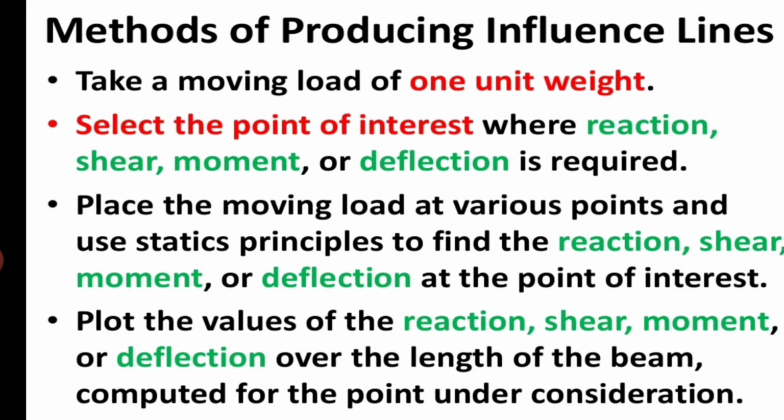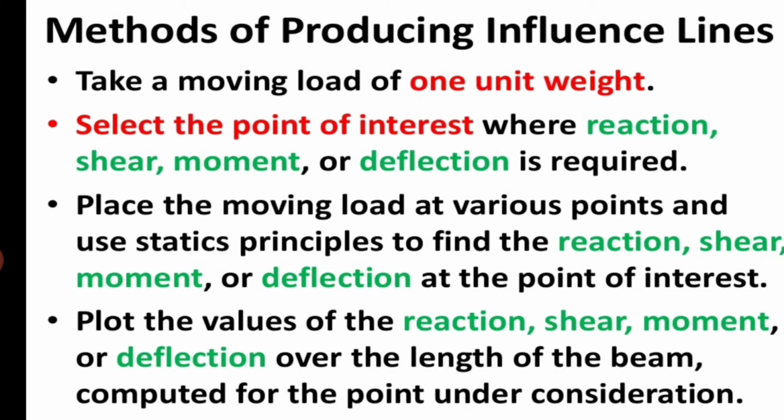Now you can also move your unit weight to different positions and find out at which point it causes the maximum effect of shear force and bending moment. So plot the values of shear, reaction, moment and deflection over the length of the beam, computed for the point under consideration.